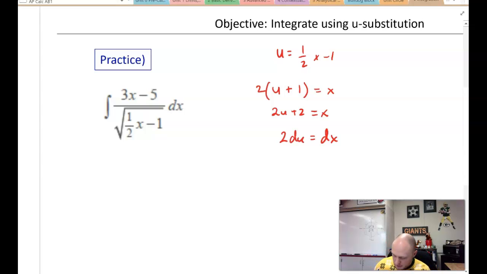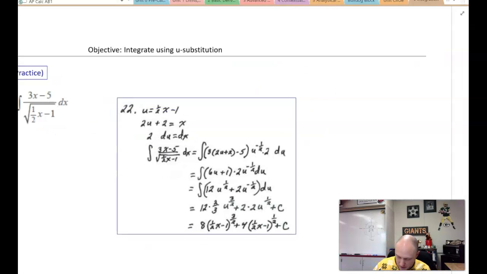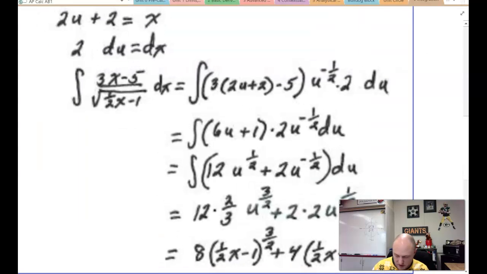There's that substitution. Okay, so if we make the substitution, you can see the 2u plus 2. That's the substitution here for x. Your 1/2 x minus 1, that's just u. And then your dx is 2 du.